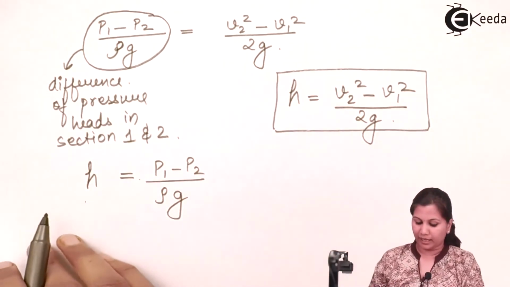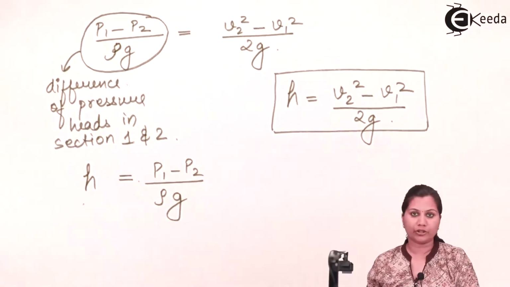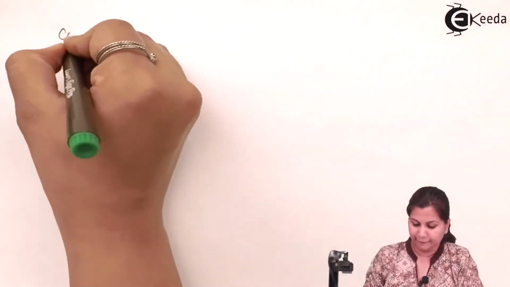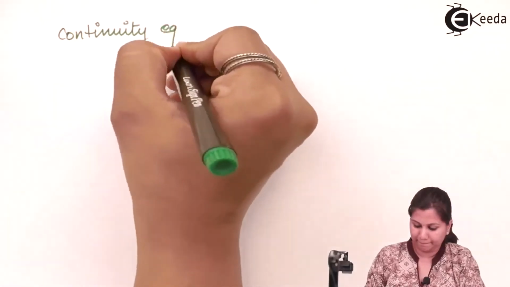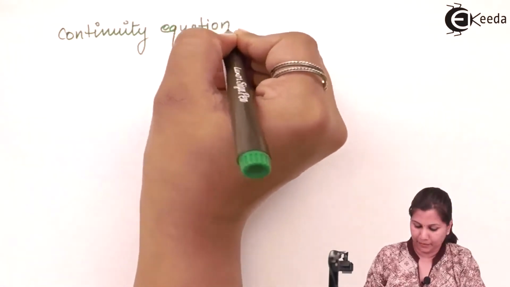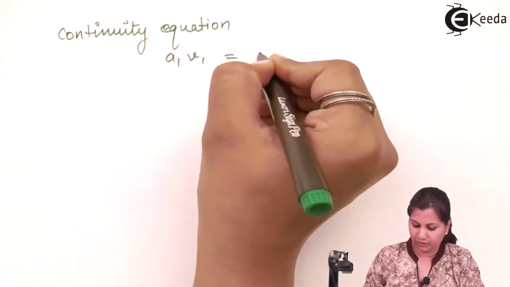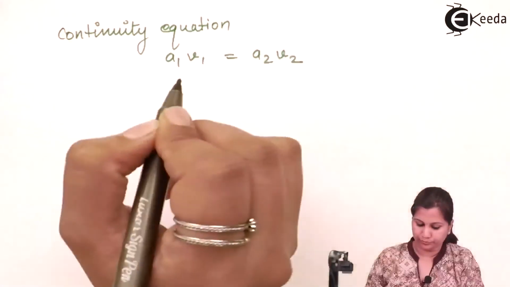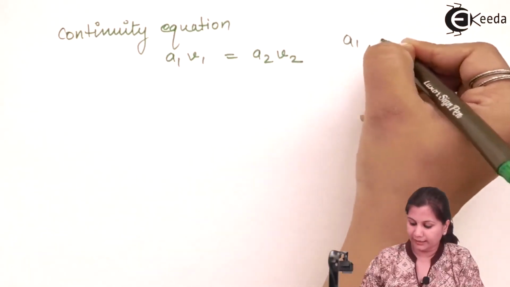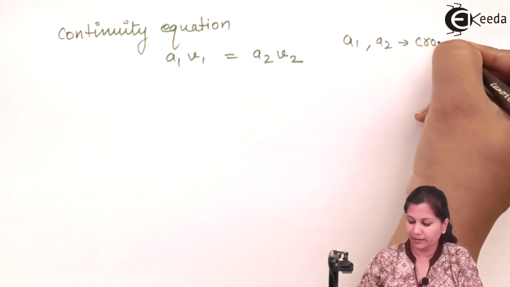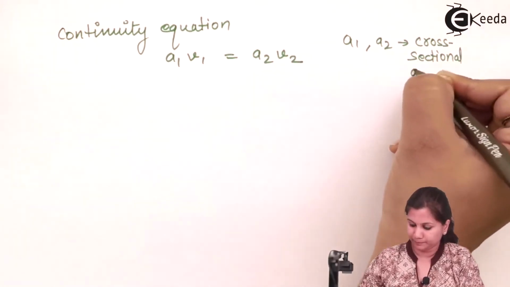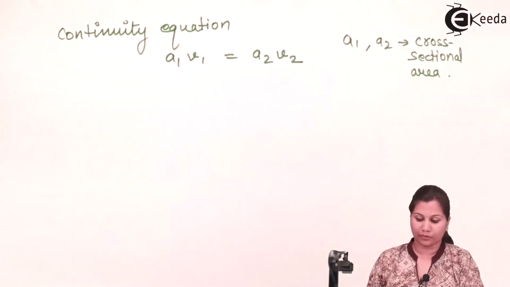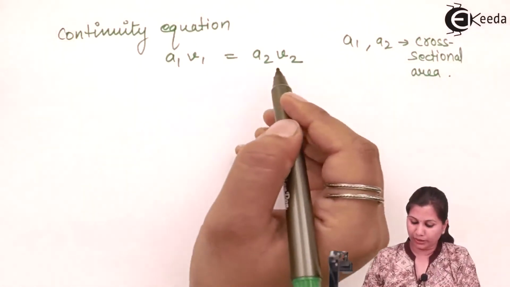Now let's apply the continuity equation in the Venturi tube. The continuity equation says that A1 V1 is equal to A2 V2, where A1 and A2 are the cross-sectional areas of sections 1 and 2 respectively. So A1 V1 is equal to A2 V2.